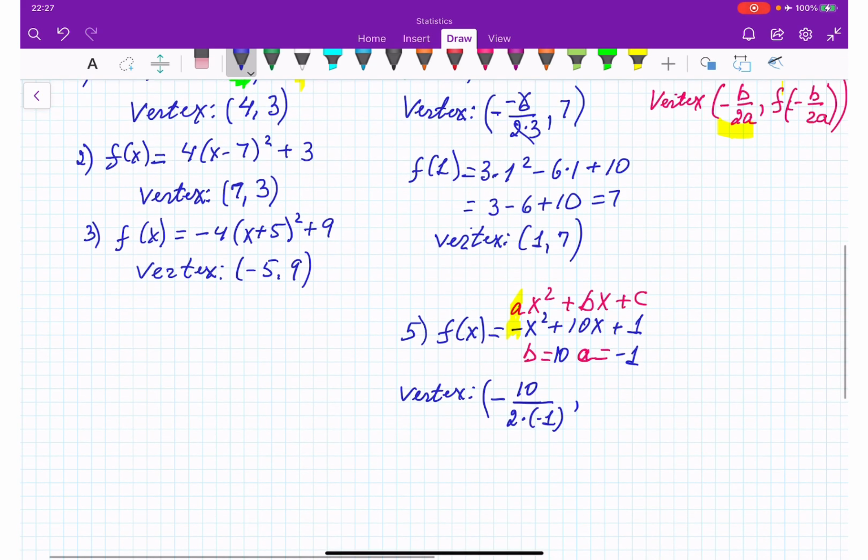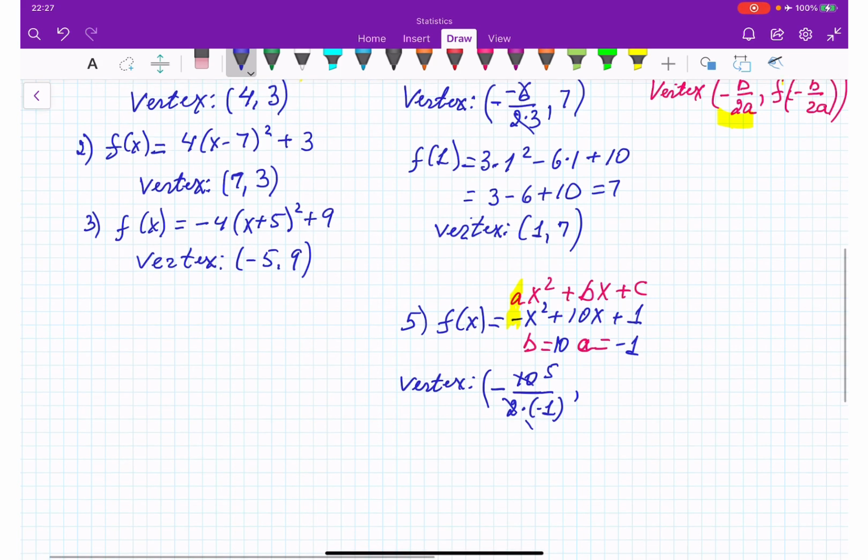So again, negative negative gives me positive, 2 into 10 is going to be 5. So I'm plugging in f of 5. It's equal to 5 times x squared plus... what am I doing? Hold on.